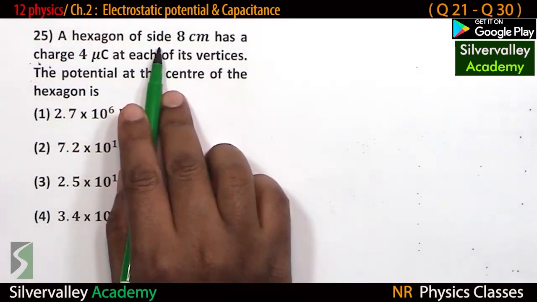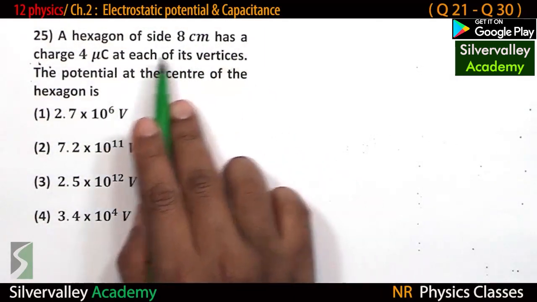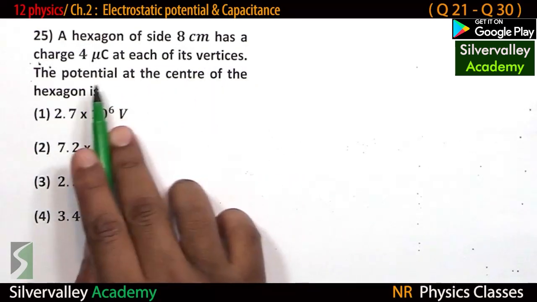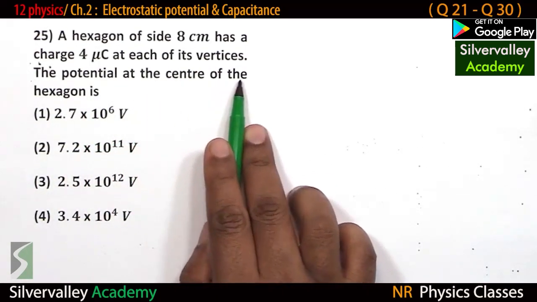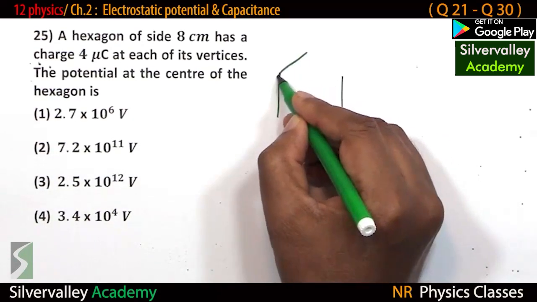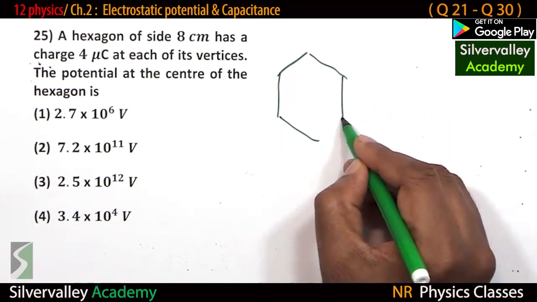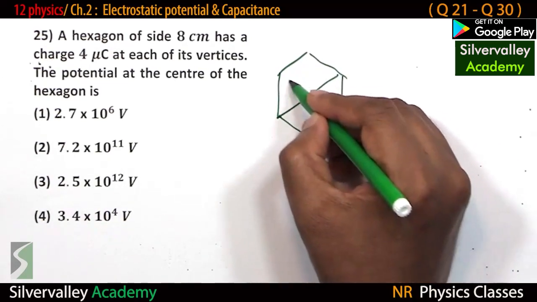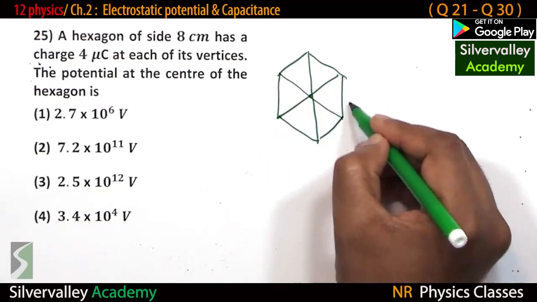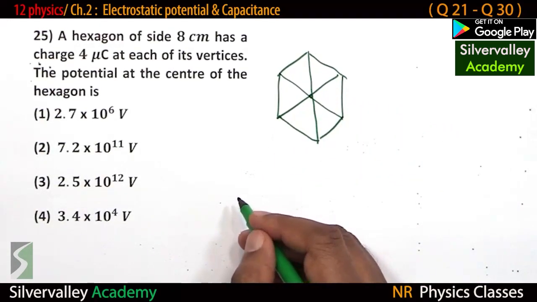A hexagon of side 8 centimeter has a charge of 4 microcoulomb at each of its vertices. The potential at the center of the hexagon: center of the hexagon means equidistant from all the vertices.